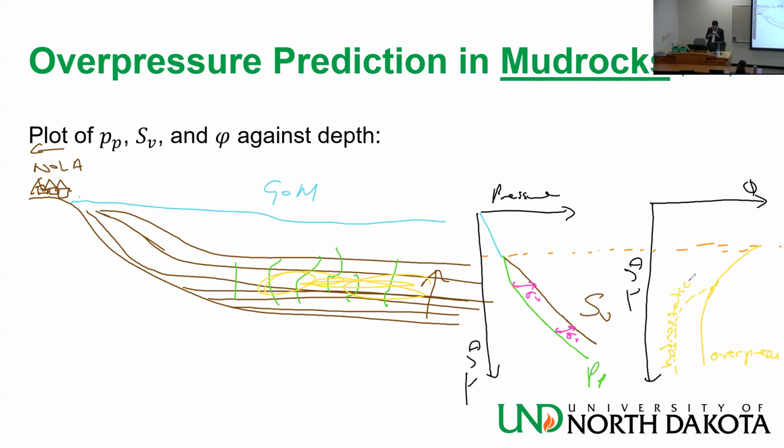Okay, and then how does that translate in the left plot for PP? Because if PP was hydrostatic, it would be following the slope of the cyan line, for the seawater. So this region here shows me overpressure, right?